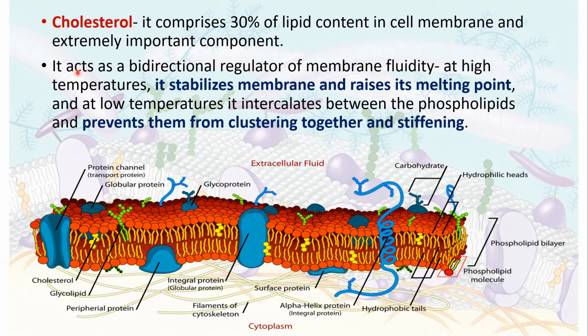Functionally, it acts as a regulator of membrane fluidity at various temperatures. At high temperature, it stabilizes the membrane and raises its melting point, and at low temperature it intercalates between the phospholipids and prevents them from clustering together and stiffening.